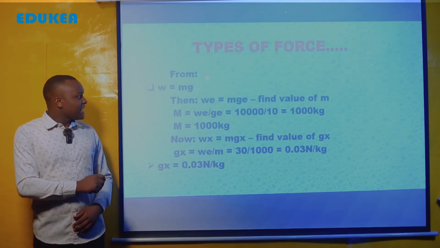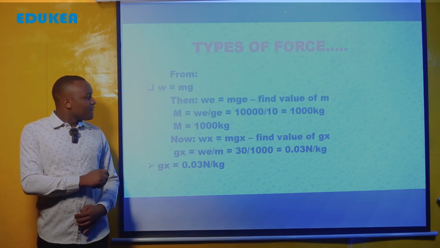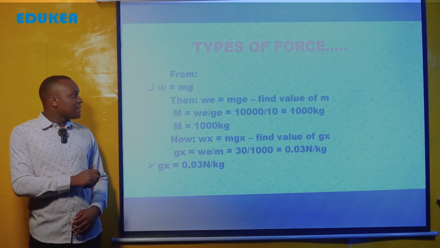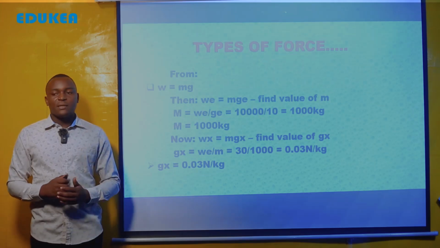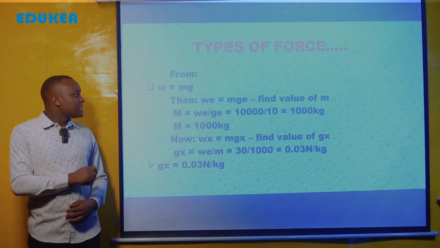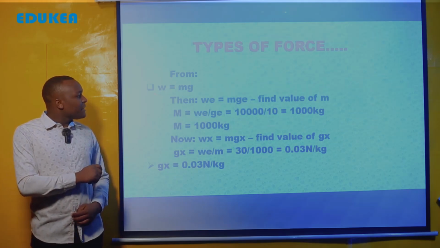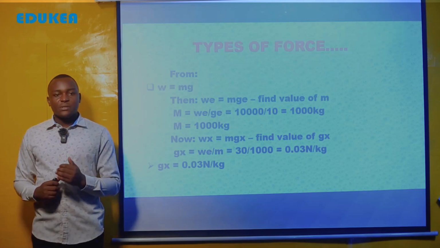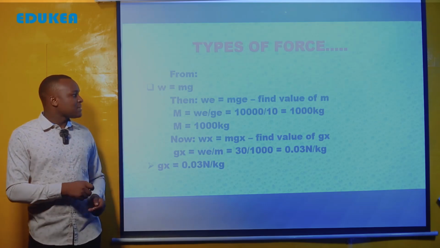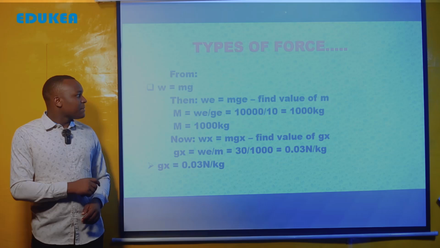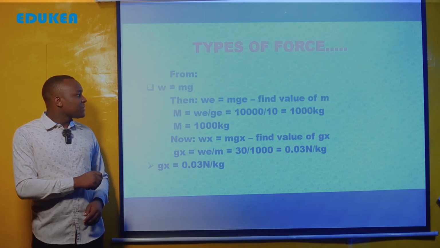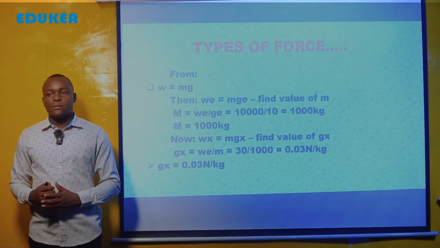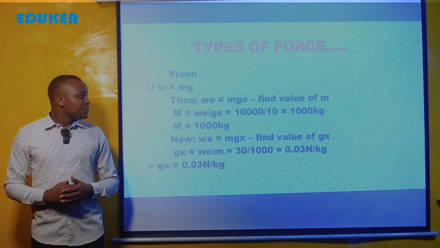How can we arrive at the mass of the rocket? We know weight of the object is equal to mass times the gravitational force. But we are being given the weight of the rocket when it was on the Earth's surface. It was 10,000, and we have a gravitational force on the Earth, which is equal to 10 Newton per kilogram.